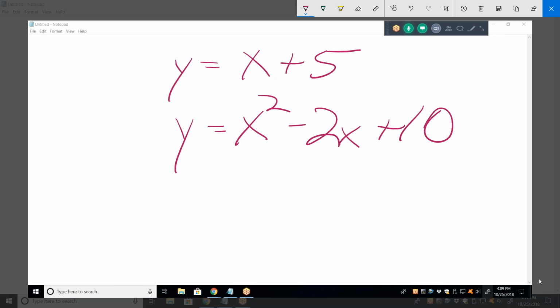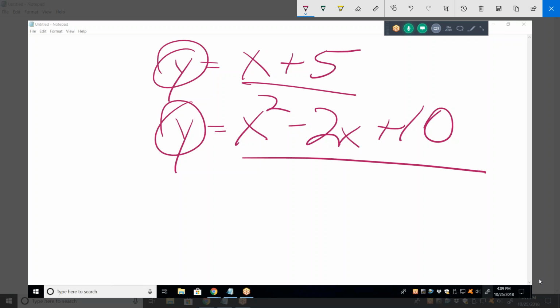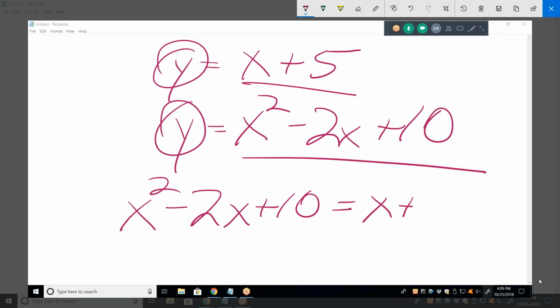Here they give you both equations fully defined in terms of y, and that y is the same as that y. If that's true, then that is equal to that. So I can immediately turn it into a single equation and one variable. The moment I let those two equal one another, I've got only one equation, only one variable. You can always solve those.